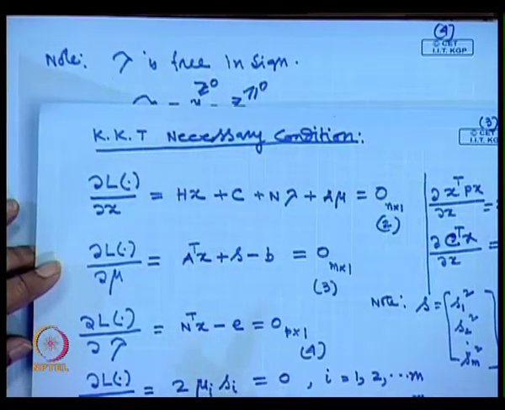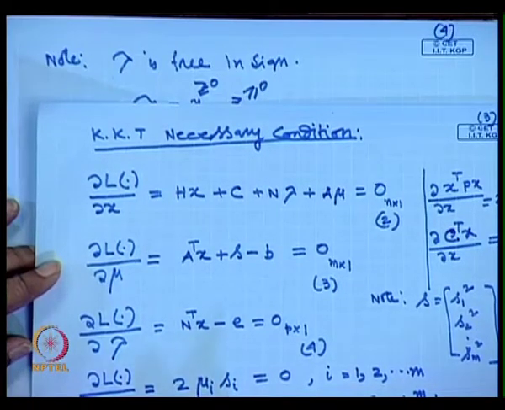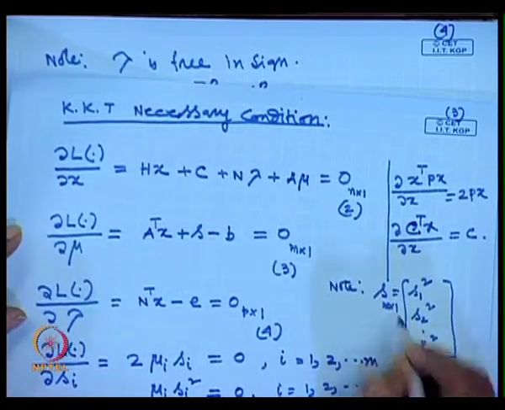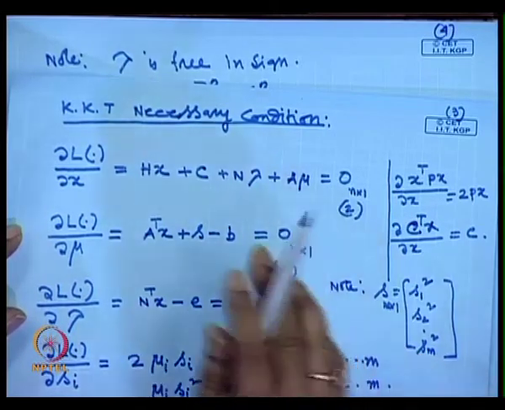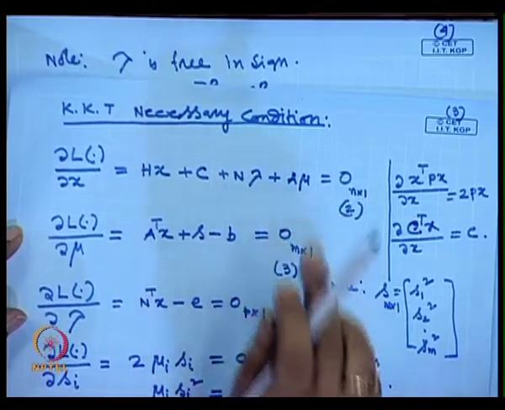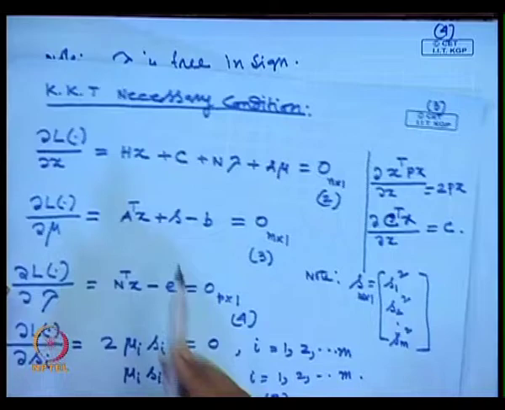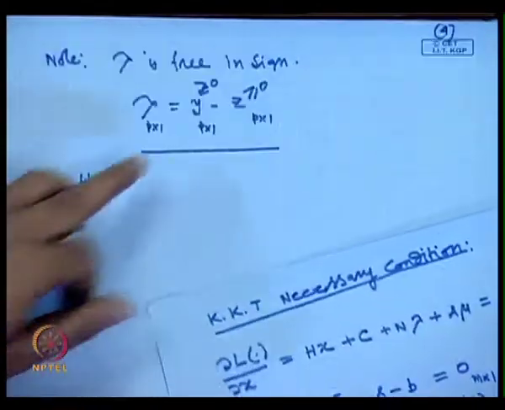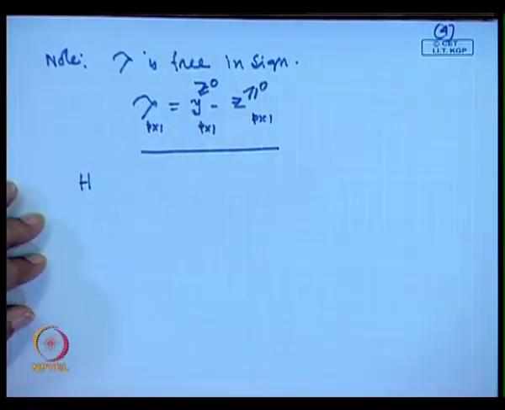Agree? And you have S also, and what is the dimension of S? You have m cross 1. Yes. So, I will rearrange in this way: first x, then mu, then S, then y, because lambda has two parts, y and z. Accordingly, I will write it.